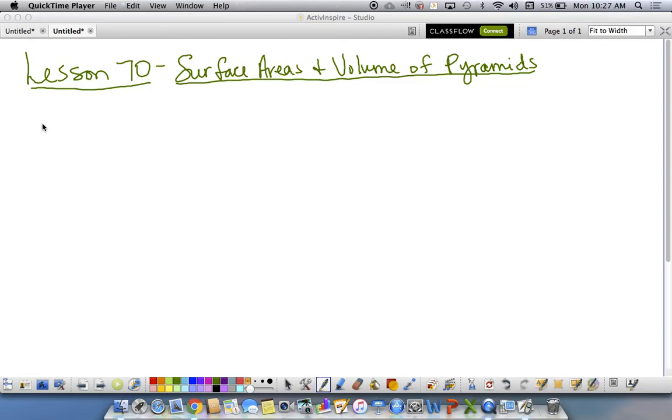But the first thing we need to remember about pyramids. What do we know about a pyramid? There's a great picture in your book. I'm going to pretend I draw it, but I'm not really going to draw it, okay? We need to talk about the vertex of a pyramid. Is the common vertex of the pyramid's lateral faces.